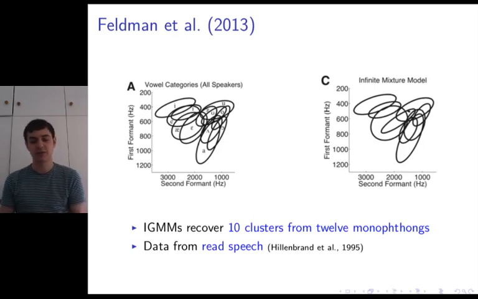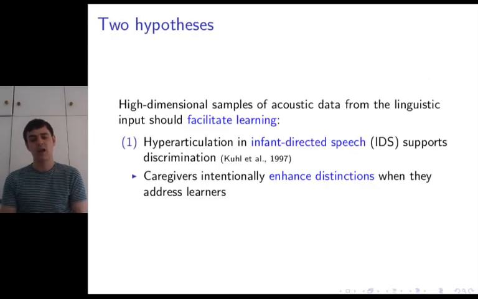Those of you who know James Hillenbrand's work, this is very low variance, speech in isolation type data. It's not the kind of thing that children are going to hear day to day. And so my major pair of hypotheses that I want to present today consider the extent to which we can expect this type of statistical learning to be successful if we consider a more ecologically valid dataset that resembles the linguistic input that learners receive.